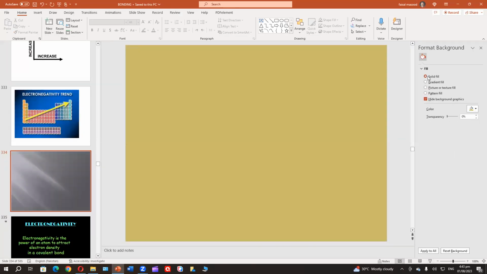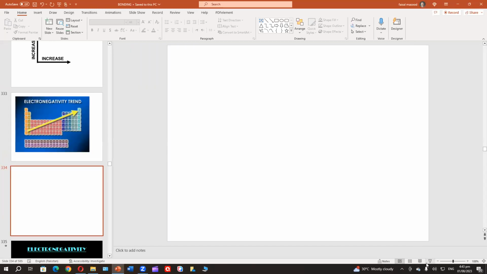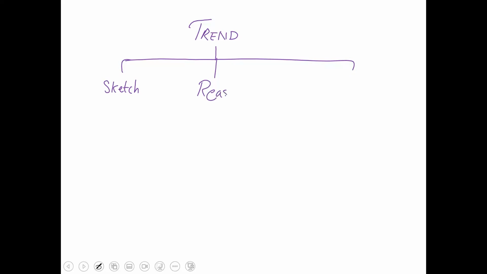You have to make a quick line with me that whenever you come across a trend in chemistry, for every trend, you have to be able to draw a sketch. This is the fundamental thing. You should know the reason, and you should be able to locate and explain any exception.